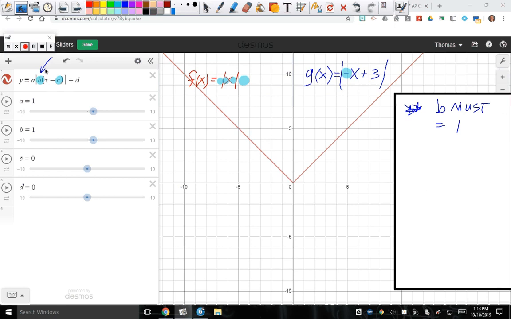So what I'm going to do is GCF, otherwise greatest common factor, out this negative 1. And who can tell me what would be left in parentheses if I pulled out a negative from both the x and the 3? X minus 3.